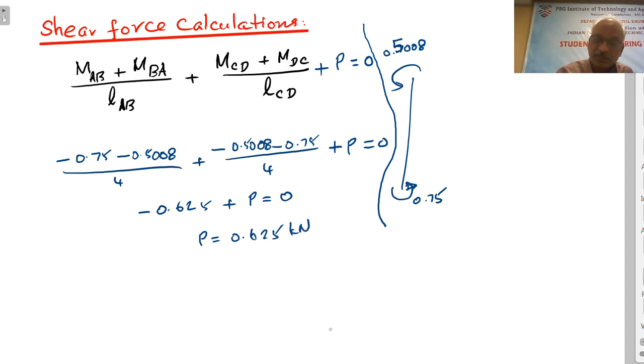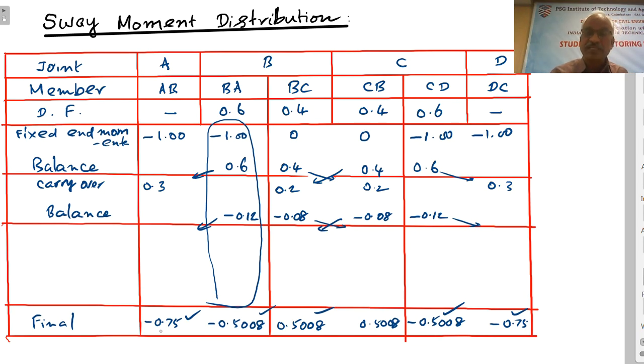So that means the direction assumed by us is correct, therefore it is clockwise, I mean to the right. The meaning is, if the sway force is 0.625 kilonewton, these are the moments, minus 0.75, minus 0.5008, all these values correspond to a sway force of 0.625, right?